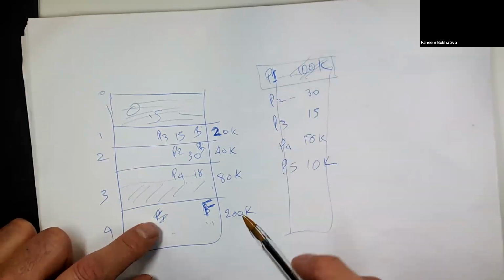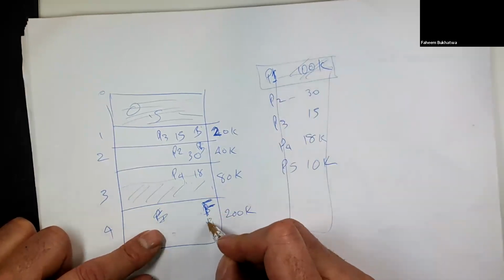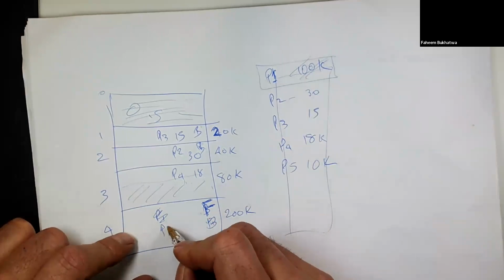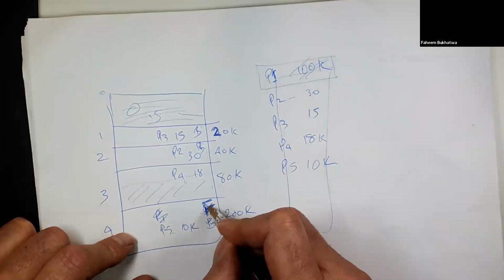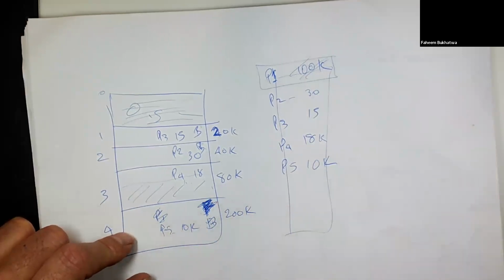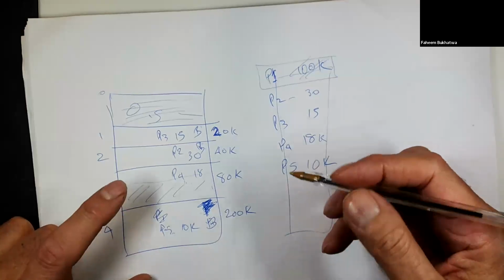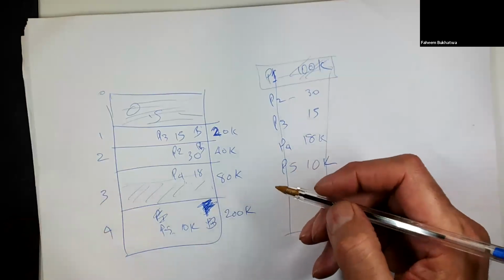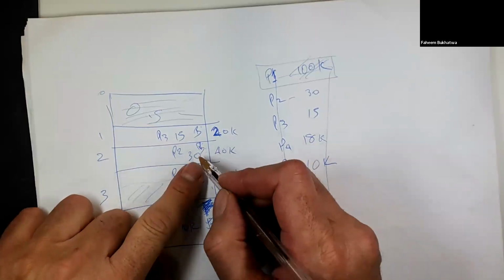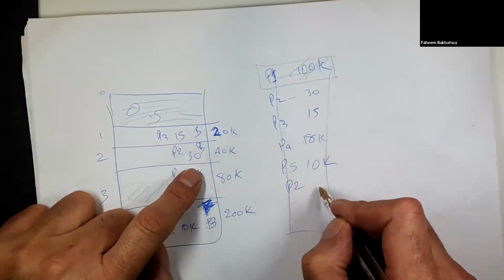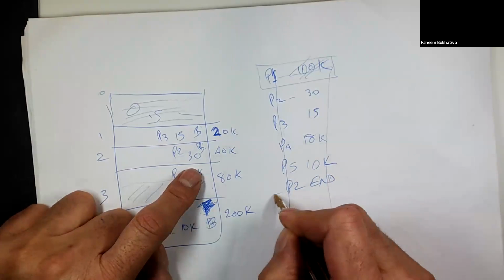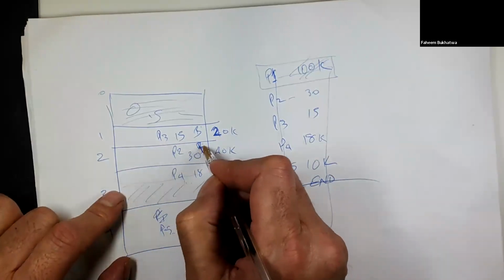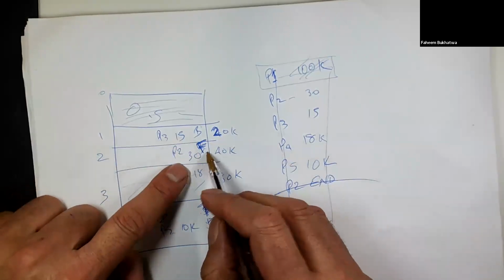There's nowhere to put it except in this space here. So this is busy with program number 5, 10K. Let's say program number 2 finished. Program number 2 ended. So this block here becomes free.